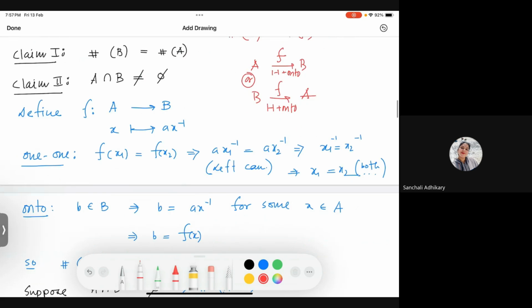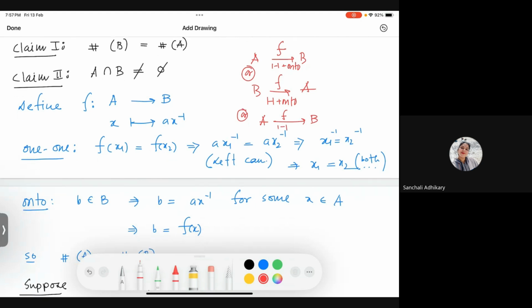There are lots of methods, or you can take a 1-1 function from A to B.